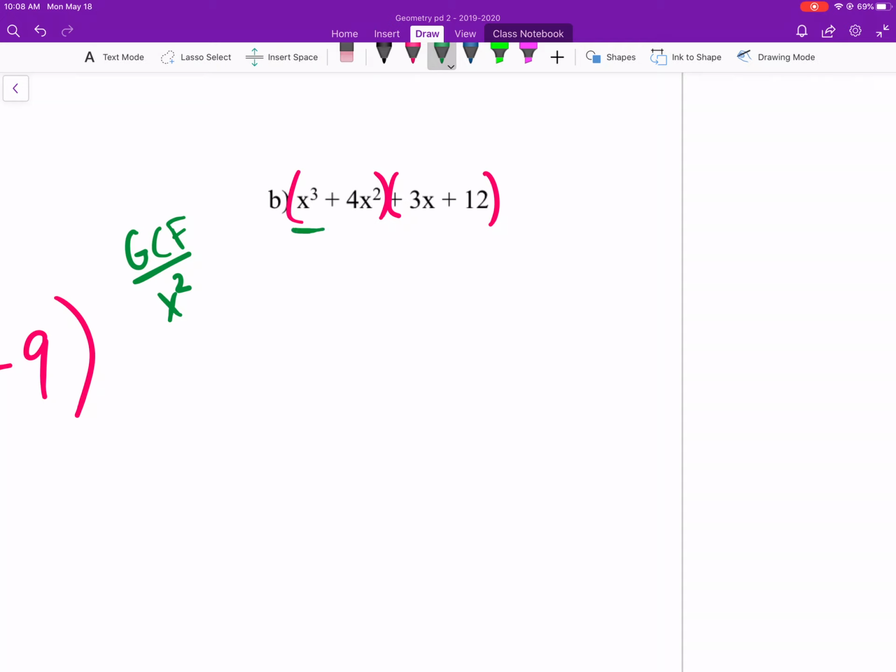So we're going to divide both of these terms in the first group by x squared. And since this is true GCF factoring, guys, x squared goes out front of the parentheses. So x cubed divided by x squared is x. 4x squared divided by x squared is 4, so plus 4.